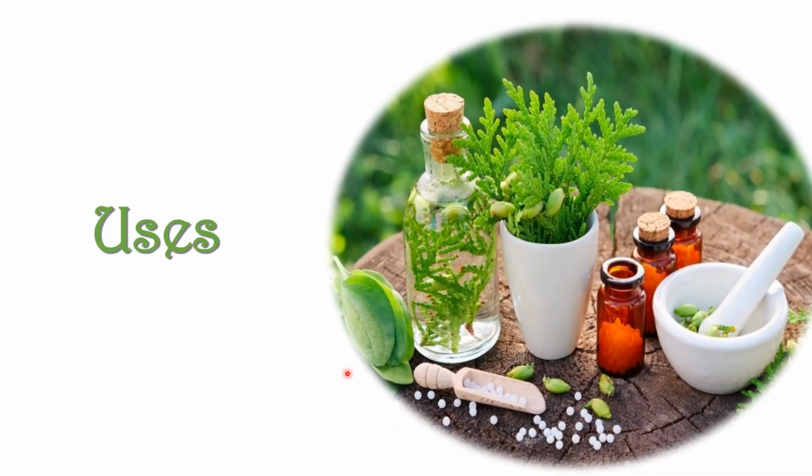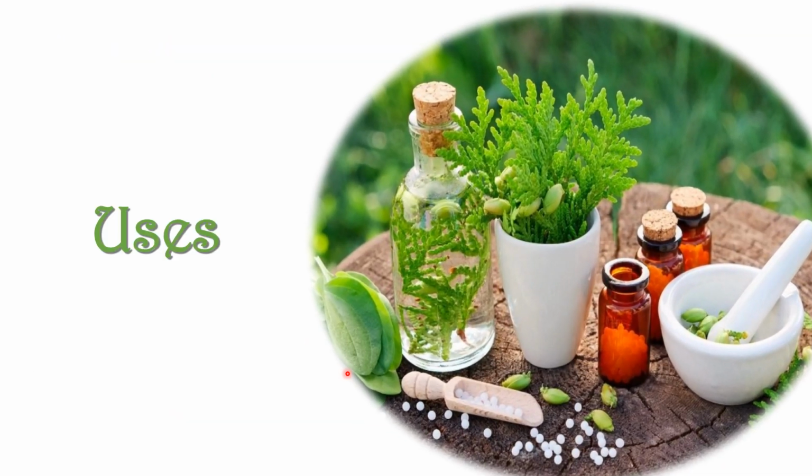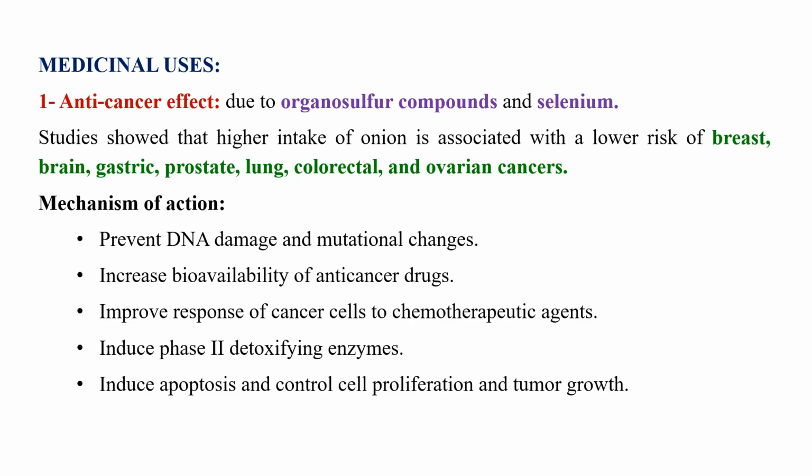Uses of onions. In this lecture, we are going to discuss several very important medical applications of the onion as a food or herbal supplement. Onion has a very important role as a chemoprotective or anti-cancer agent due to its organosulfur compounds and selenium.